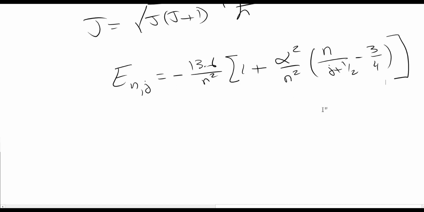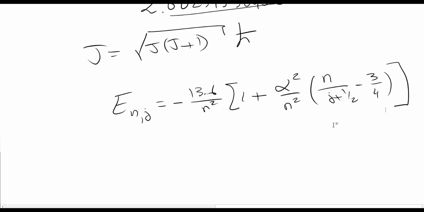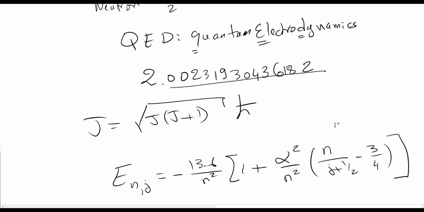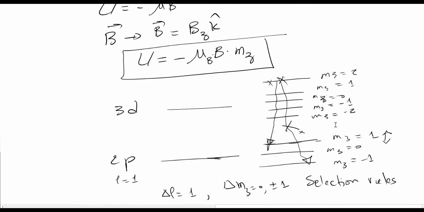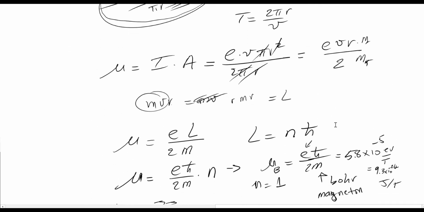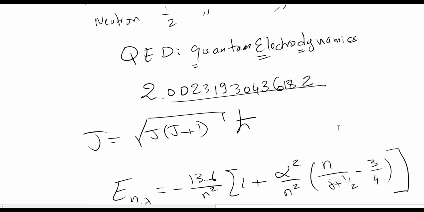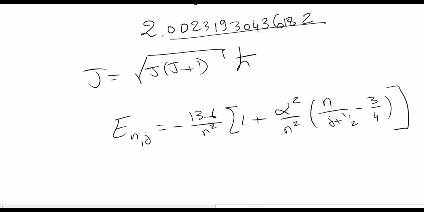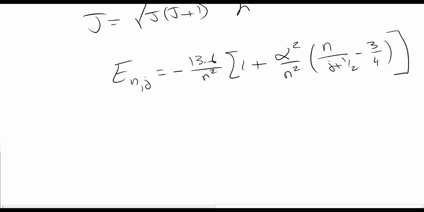So this does not depend on L directly, it depends indirectly on L through J, because J is a combination of both L and S. You can find the maximum value and the minimum value, and that should give you the splitting. So when you're doing this problem, just find the maximum, which is L plus 1/2, and the minimum, which is L minus 1/2, and that's going to give you the splitting of the energy level at the energy N.